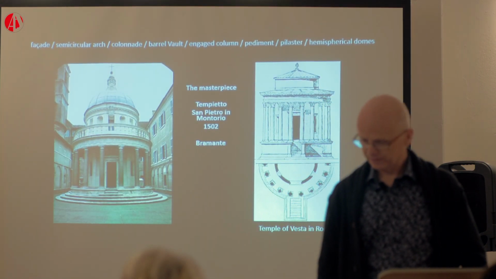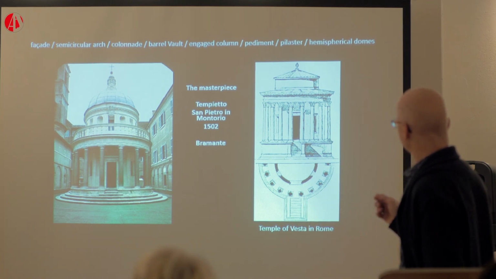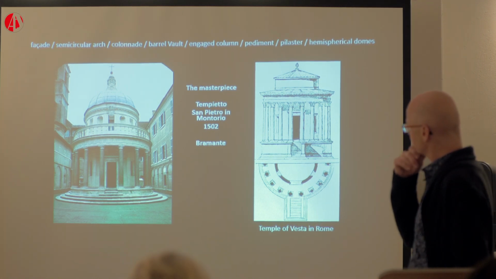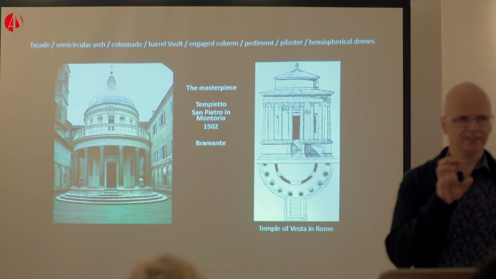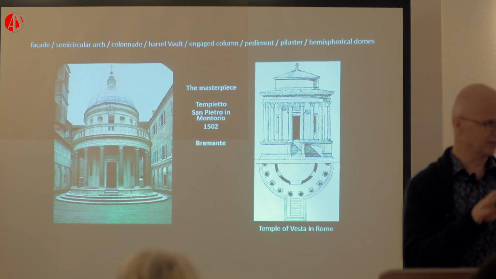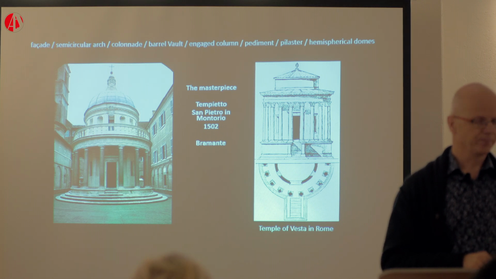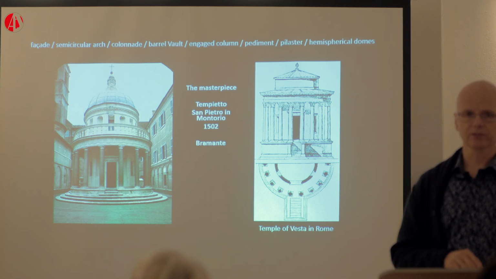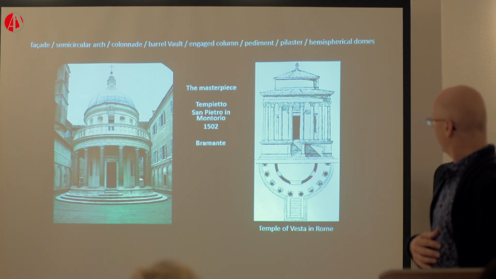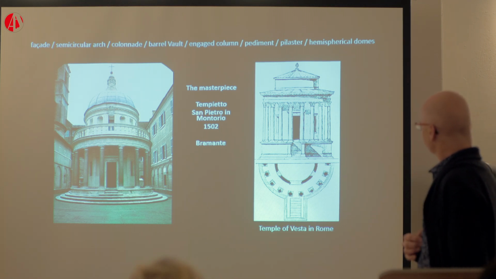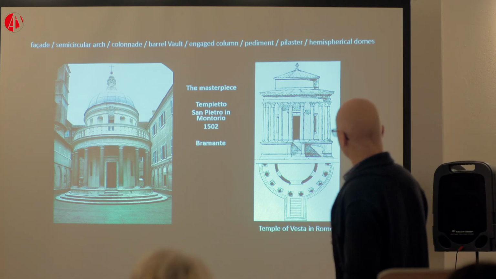Bramante. This is probably the masterpiece of the Renaissance because it combines all the ideas that they had into one piece. So this is built on the place where St. Peter got killed. And I was there in February.